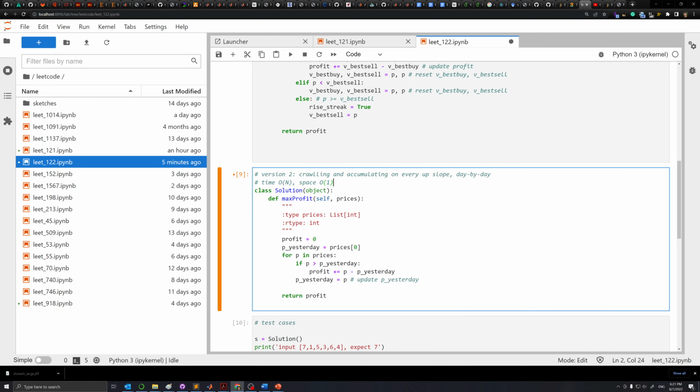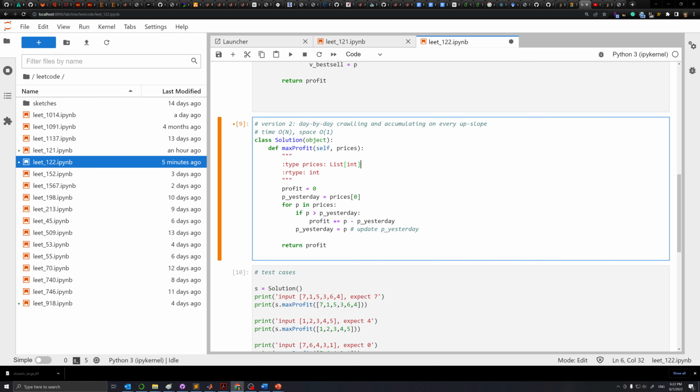So I called it crawling and accumulating on every upslope, day by day. So that's a day by day crawling algorithm. It's pretty elegant, right? And it worked.